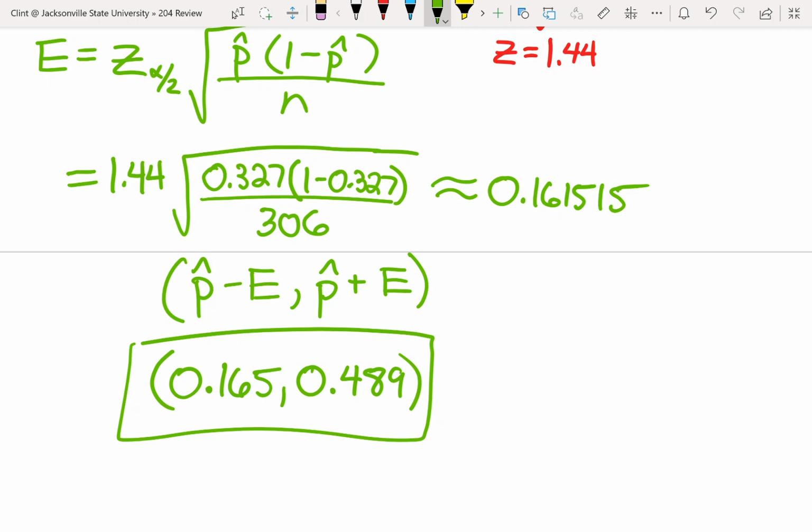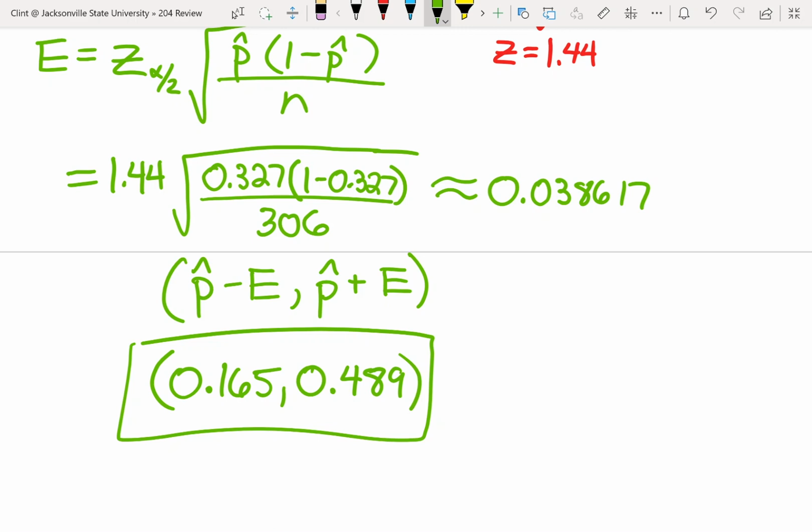And then, yeah, it's going to be different. Square root of that times 1.44. Okay, so margin of error is not right. That's 0.038617. Is that what you got?